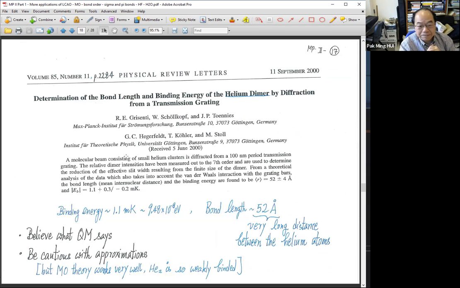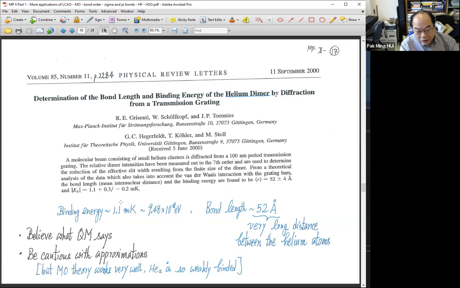Here's another one, basically confirming the order of magnitude of the numbers in the previous work. It is in Physical Review Letters. Then they see, again, helium dimer. What they saw is, again, in this ballpark, 10 to the minus 7 GeV binding energy.